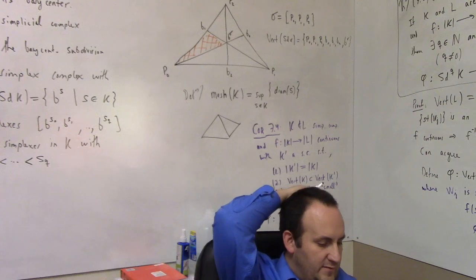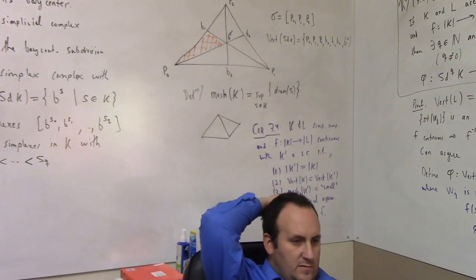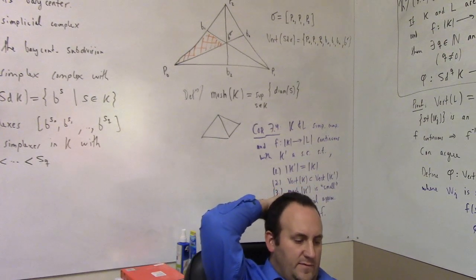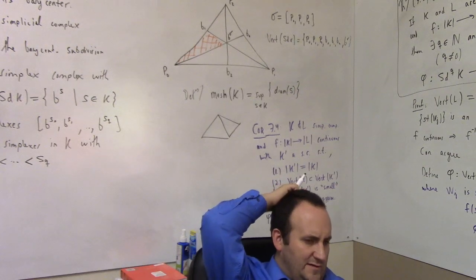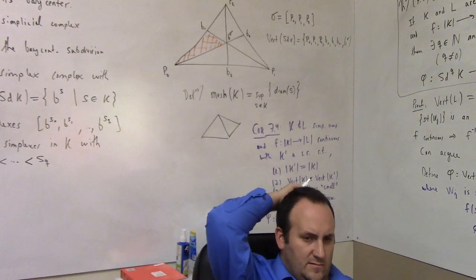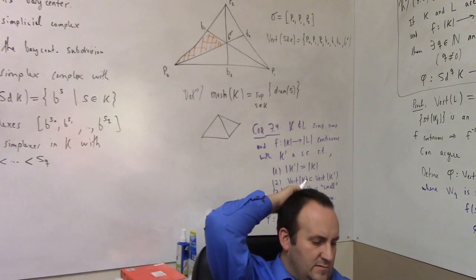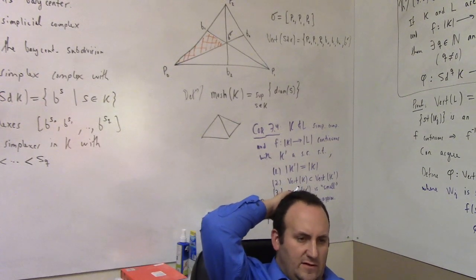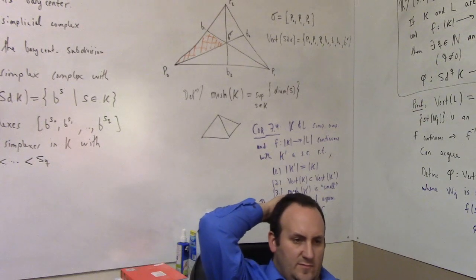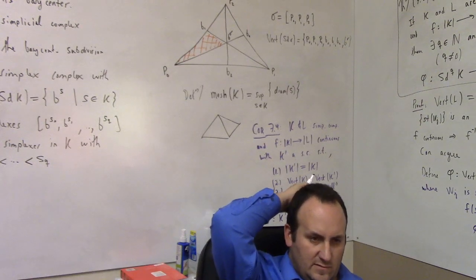So like if your simplex was the tetrahedron, could you look at the one skeleton, and would it just be the vertices of the tetrahedron and the edges, but not the faces?